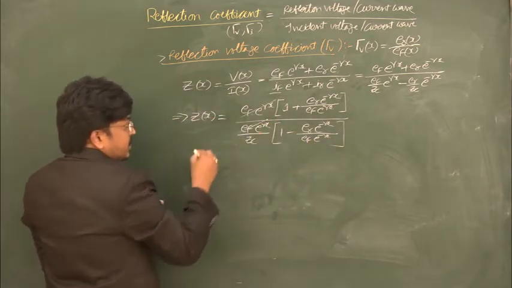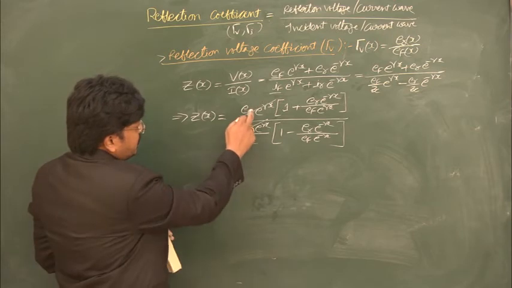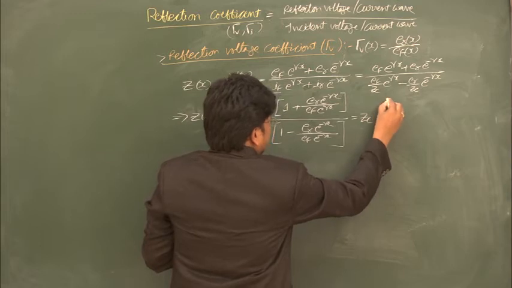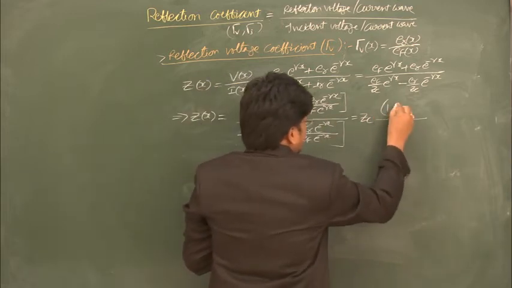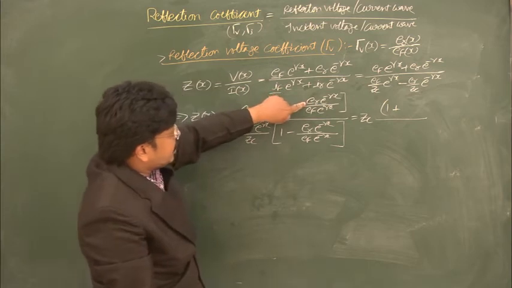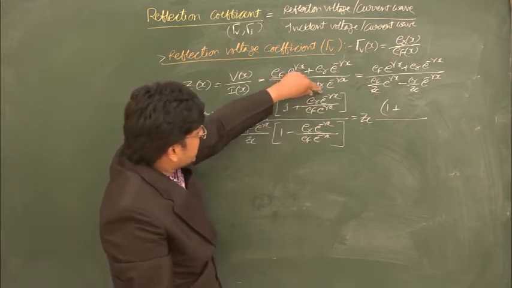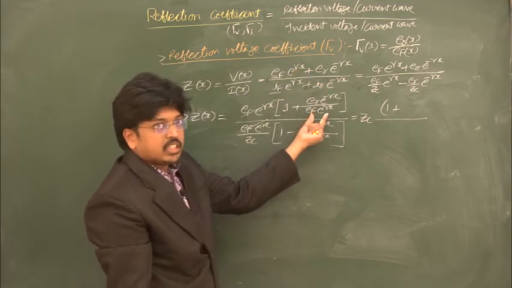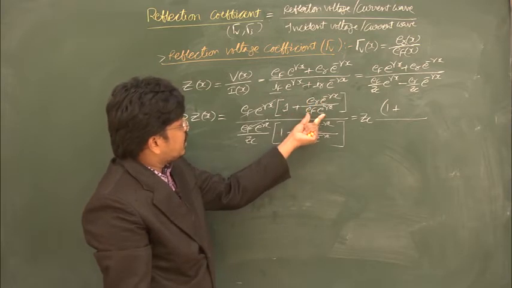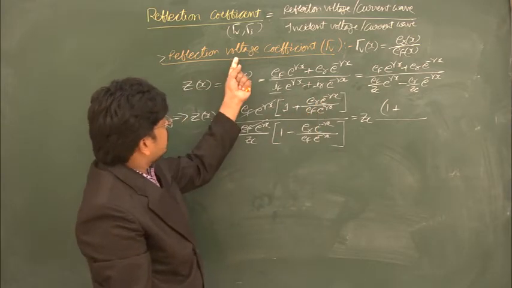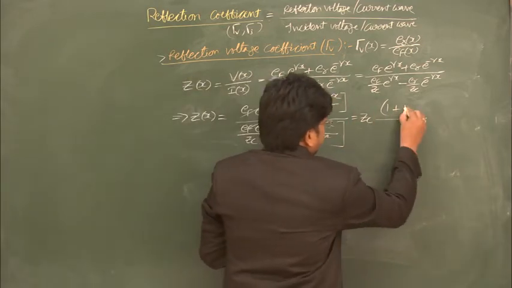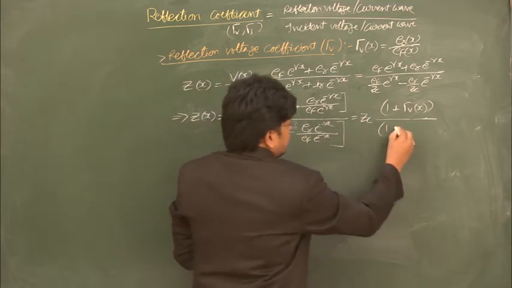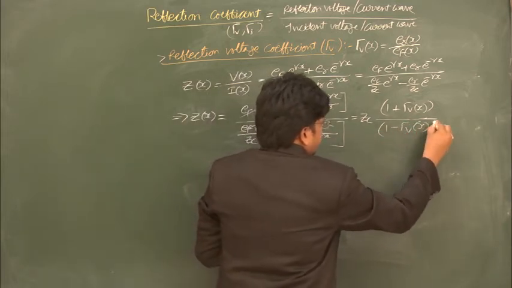Here EF e^(γx) cancels on both sides, and 1 by Zc gives Zc in the resultant. What is this ratio? It is the ratio of ER to EF, that is, ER e^(−γx) is the reflected wave, whereas EF e^(γx) is the incident wave. The ratio of reflected voltage to incident voltage is known as the reflection voltage coefficient, theta V. So it is theta V of x, and the denominator is 1 minus theta V of x.